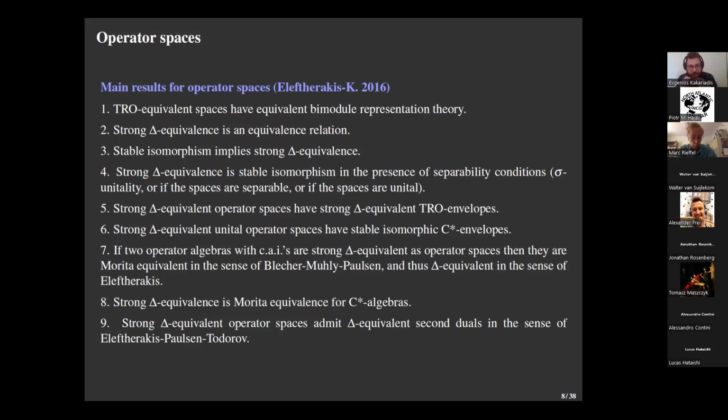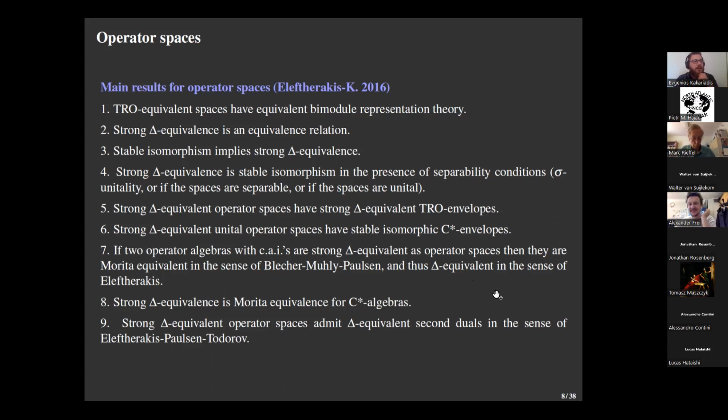In this way, strong delta equivalence is indeed Morita equivalence for C-star algebras. So it's an extension, if you want. And another thing is that when you pass to the second duals, then you get the strong delta equivalence in the sense of Eleftherakis, Paulsen, Todorov, which is the weak star version of these results. I should say that there are two pathways: one for the norm closed objects and the other for the objects in the weak star theory.